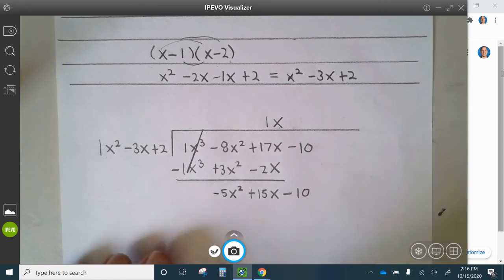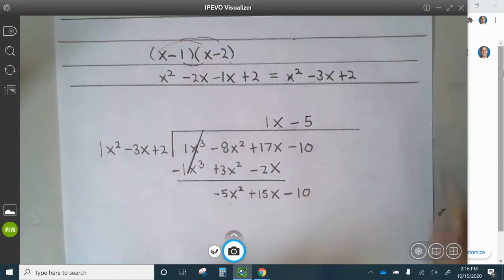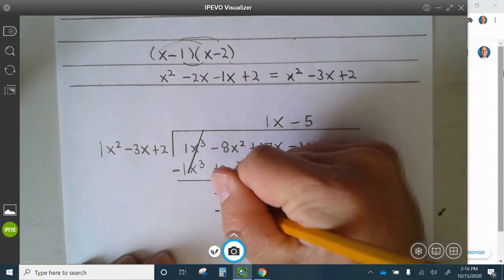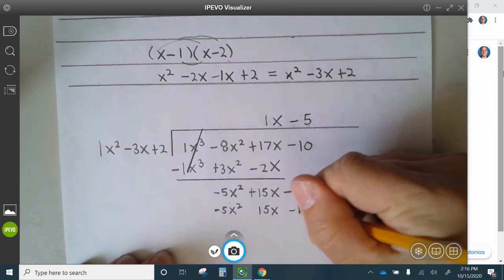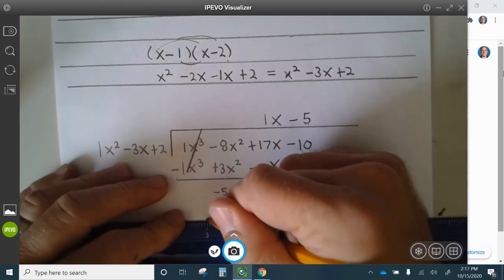You ask yourself, what do you multiply x squared by to give you negative 5x squared? The answer is minus 5. Negative 5 times x squared is negative 5x squared. Negative 5 times negative 3 is a positive 15x. Negative 5 times 2 is a negative 10. You subtract.